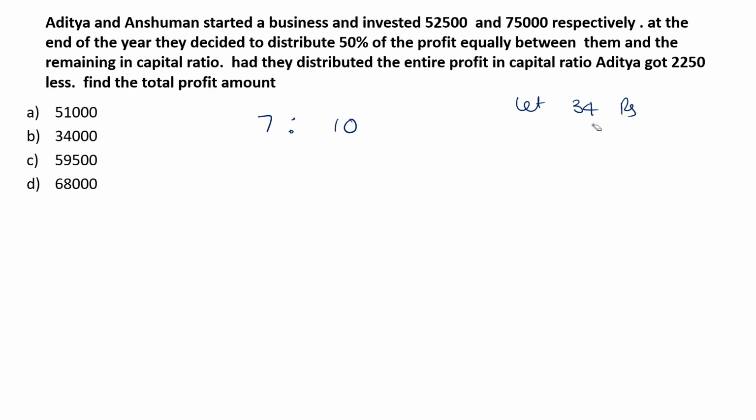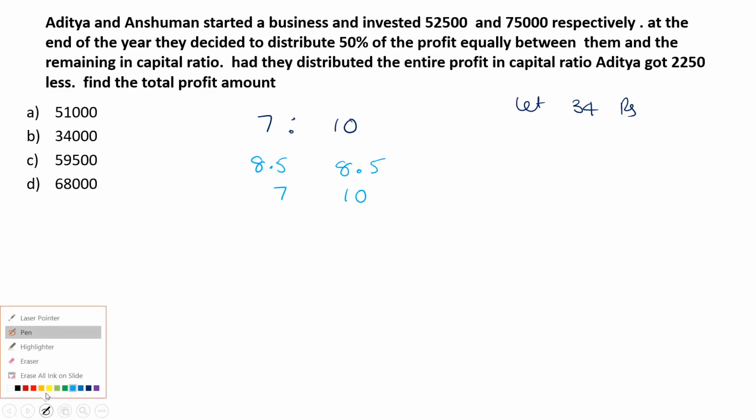When the 17 rupees are distributed equally, Aditya will get 8.5 and Anshuman will get 8.5. When the other 17 rupees are distributed in the ratio of 7:10, Aditya will get 7 rupees and Anshuman will get 10 rupees. This is what is given in the question.